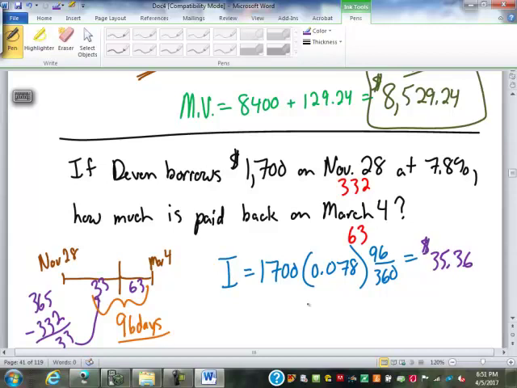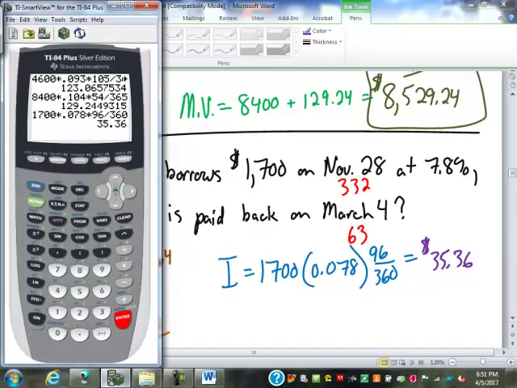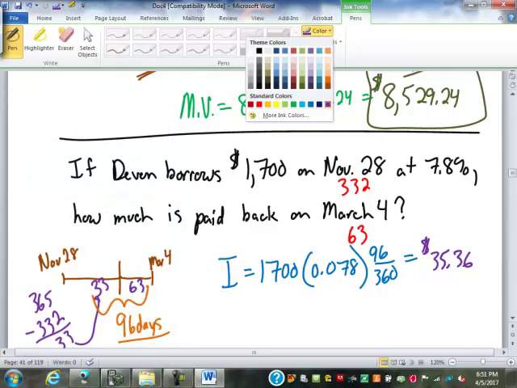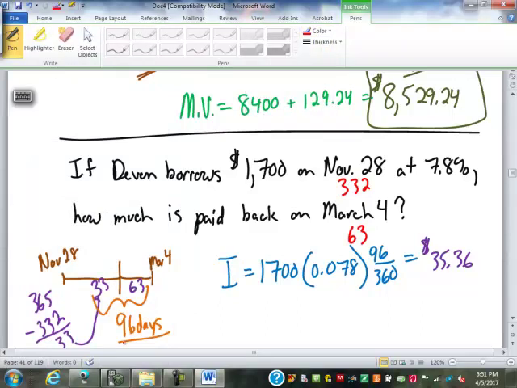Hold on. Yes. We just divided 96 by 360, but in order to get the number of days, we did 365. Wonderful question. I was waiting for that one to come up. Why is it that we only use 360 here, but when we calculated the days, we use 365? To be honest, I don't have a great answer for that. But even though it's ordinary interest, they still use the exact number of days.